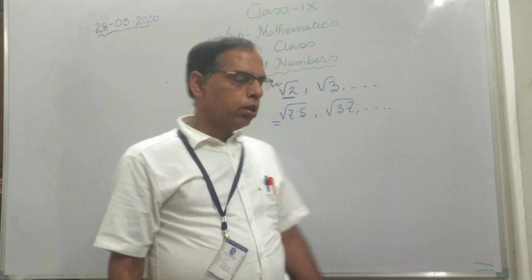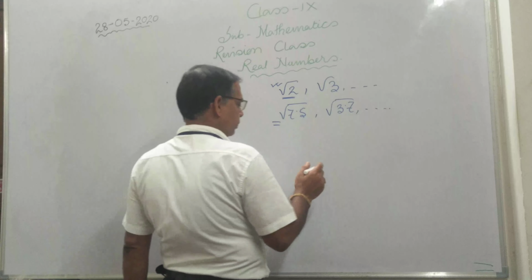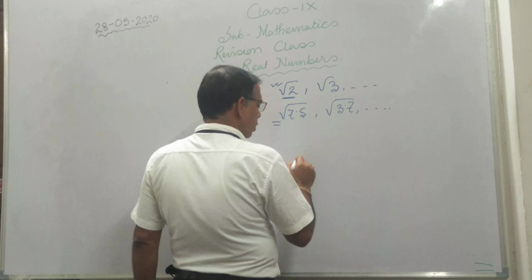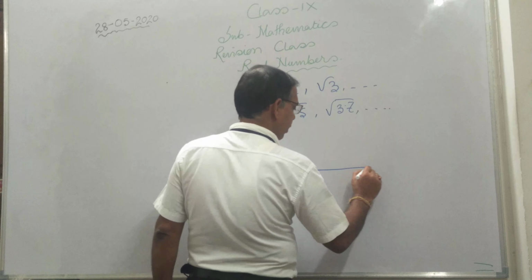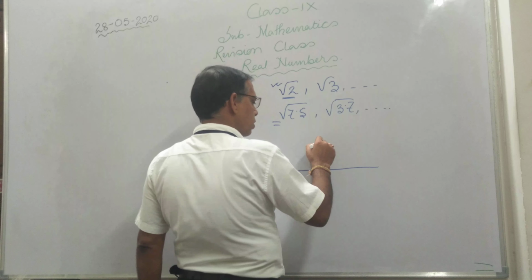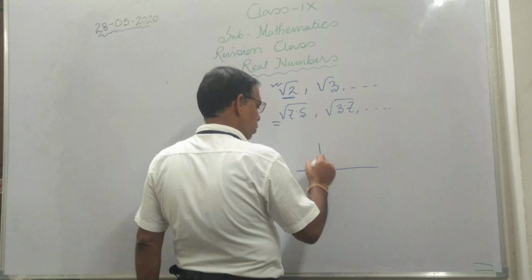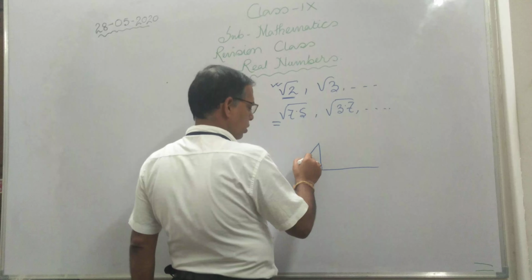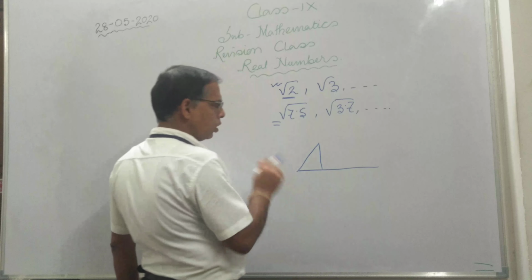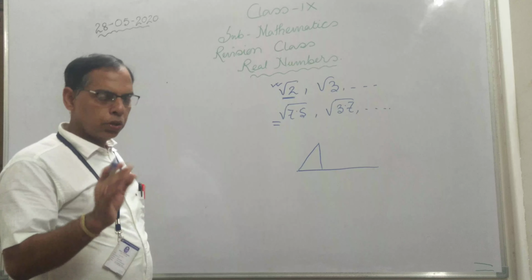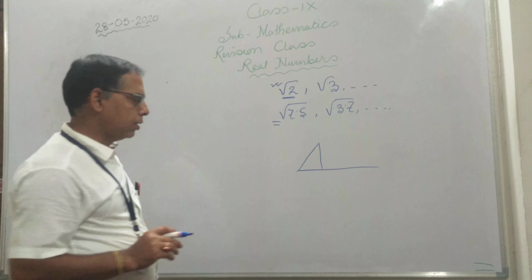First of all, you have to draw a right angle triangle. An isosceles right angle triangle, if it is root 2. I will show both side by side so that you can understand the difference.